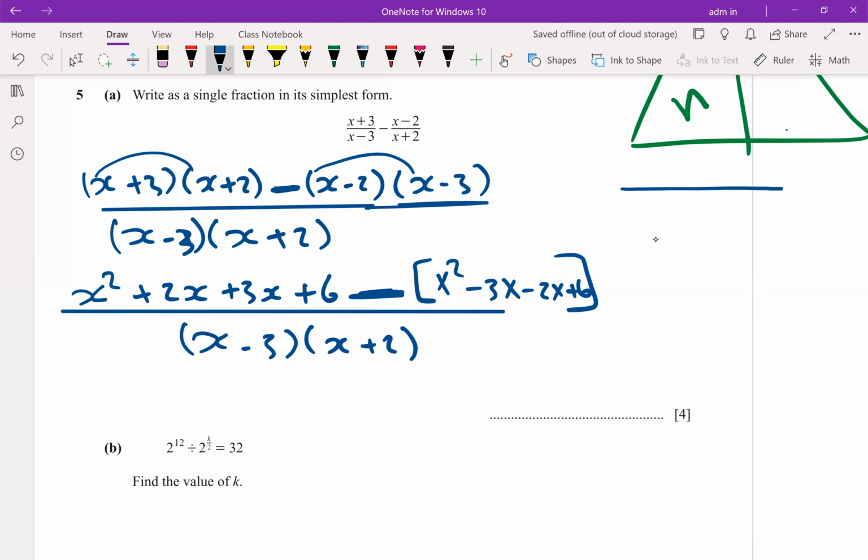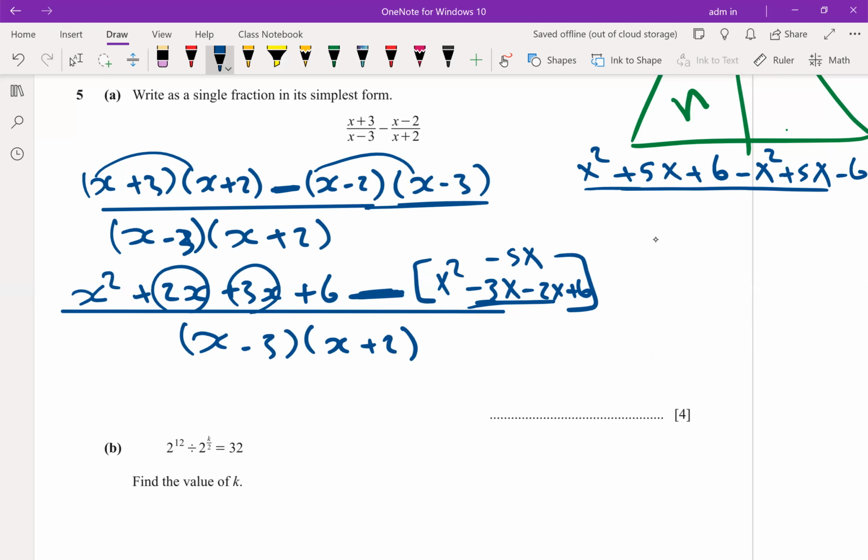Simplify. x squared, 2x and 3x, 5x plus 6. Negative 5x. When you change the sign, it will be negative x squared. Negative negative is positive 5x, negative 6, divided by (x minus 3) multiplied by (x plus 2).